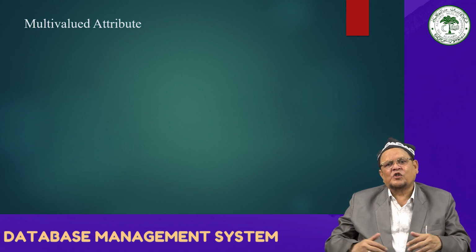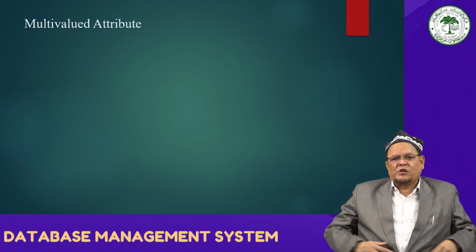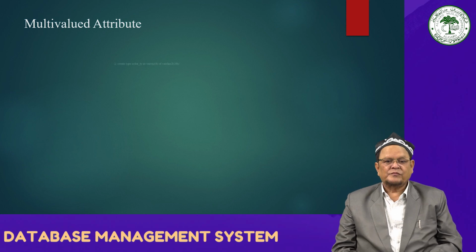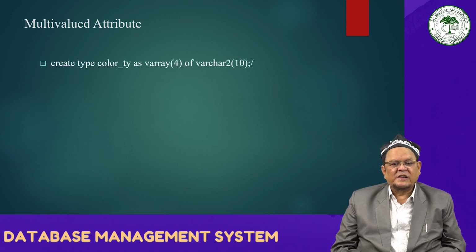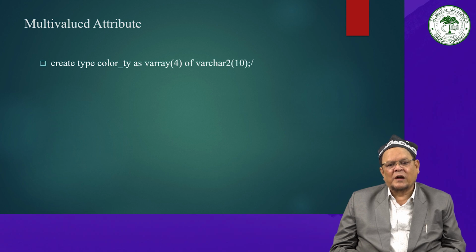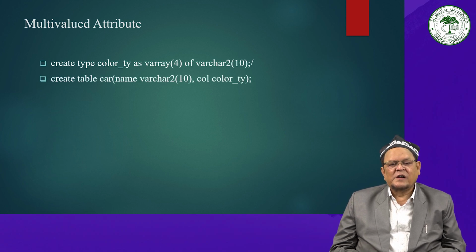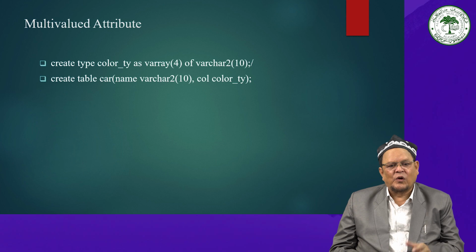Then the next topic is multi-valued attributes. Create type color_types as a varray of varchar2 10. You are able to create multi-valued attributes when, suppose, a car has different types of colors. So I have given an example.